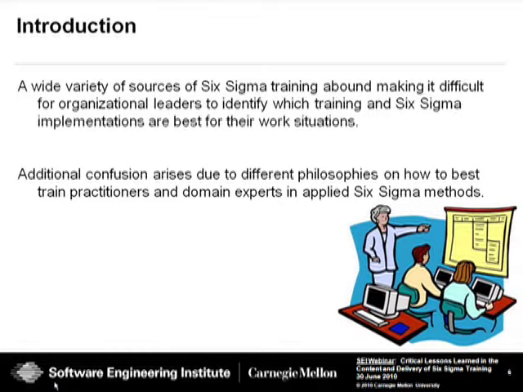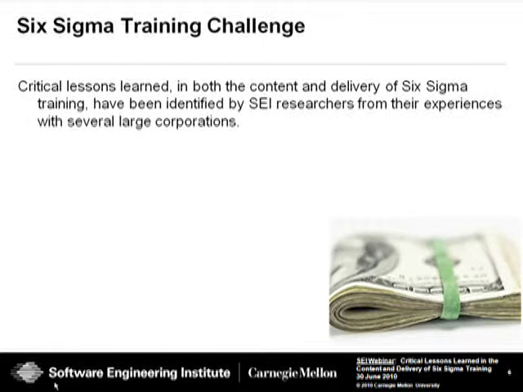Additional confusion arises due to different philosophies on how to best train practitioners and domain experts in the applied Six Sigma methods. Anyway, from the Six Sigma Training Challenge, there are a lot of critical lessons learned in the past 8 to 10 years in both the content and the delivery of Six Sigma training.